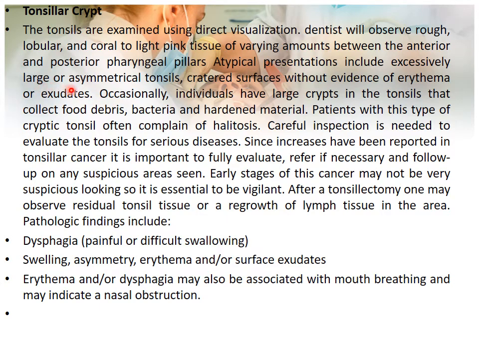Anyhow, early stage of cancer may not be very suspicious when you look for it. And even after tonsillectomy, one may observe a residual of the tonsil tissue or regrowth of the lymph node tissue in the area.